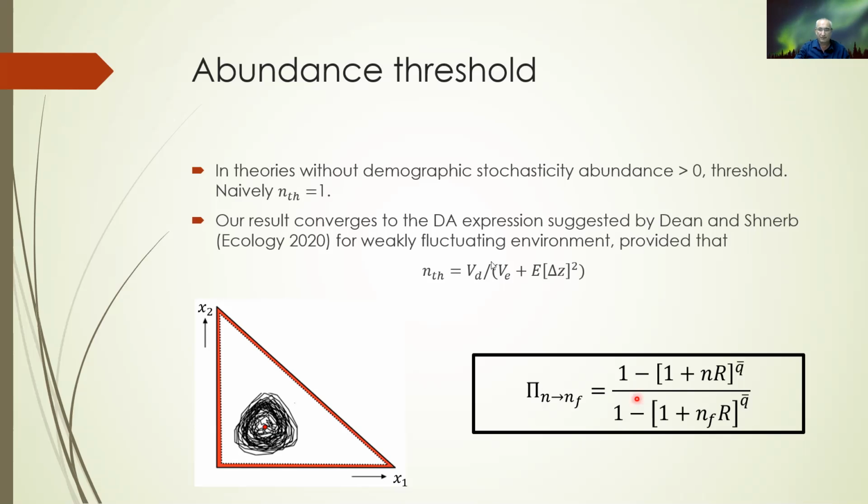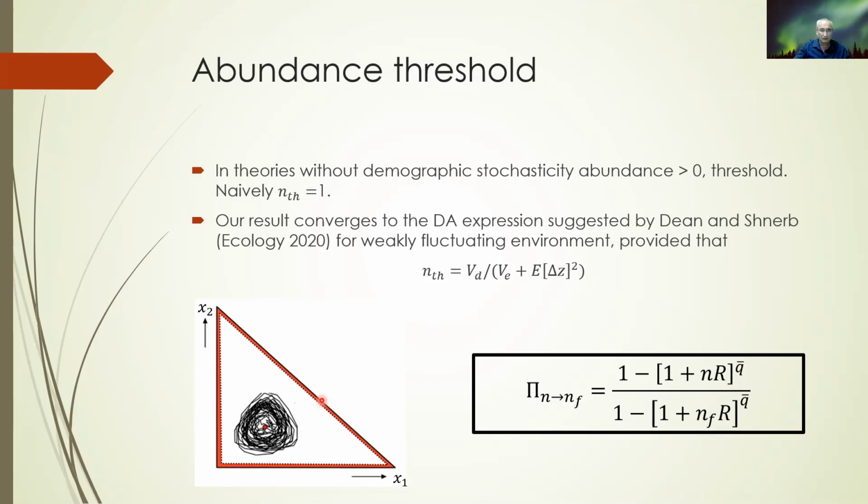However, when we compare our formula to results that were obtained by diffusion approximation without demographic stochasticity, it turns out that the right place to put the threshold is not at abundance one, but at the abundance where the effect of demographic stochasticity becomes larger than the effect of environmental factors and selection.